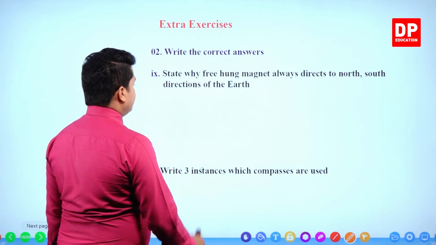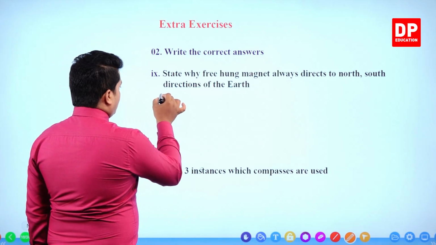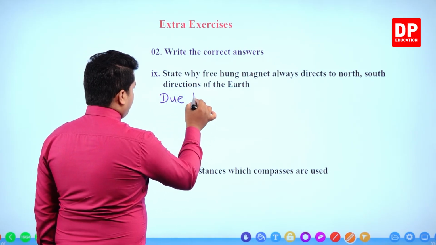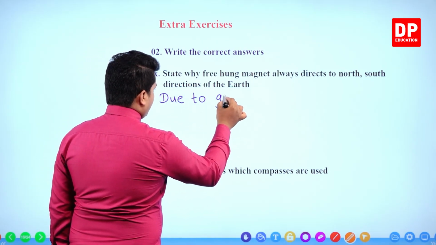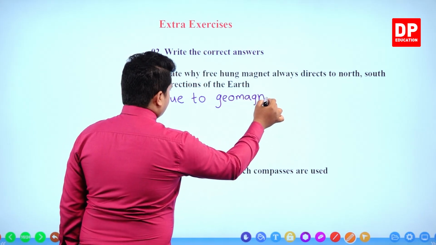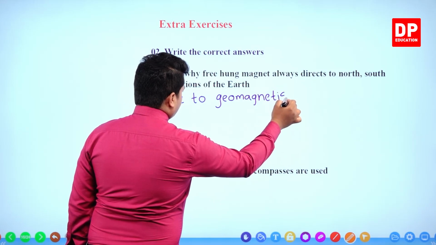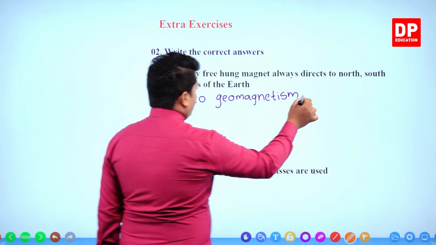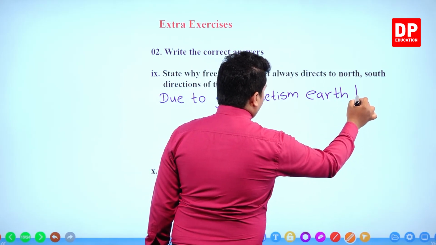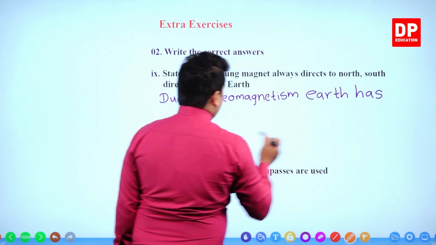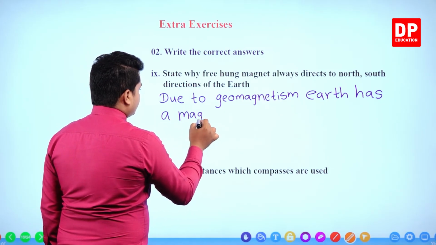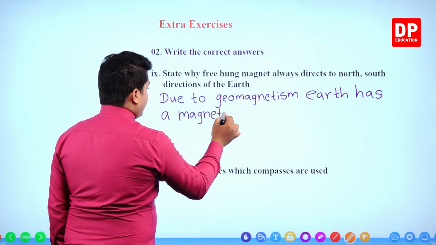So, we can write due to geomagnetism, Earth has a magnetic power or a magnetic field.